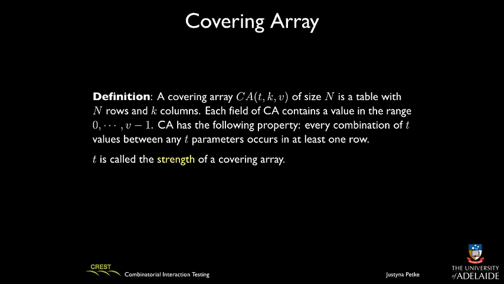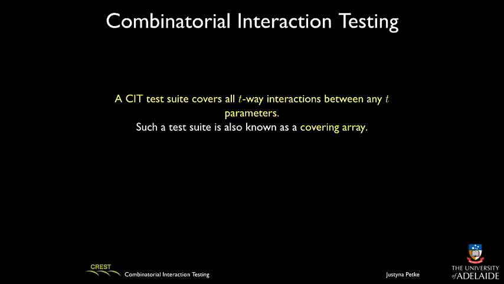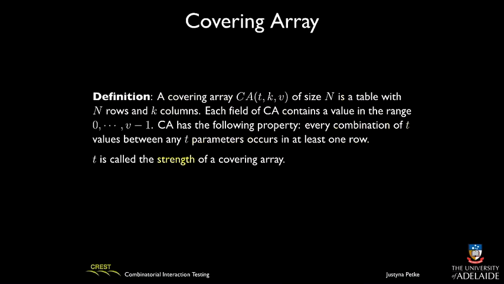Now, a bit more abstract. I'll guide you through this definition. So in general, a covering array, so let's briefly go back. A test suite that covers all the T-way interactions is called a covering array. A covering array with parameters T, K, V, and you can find them on this particular website as well, where people collect these, of a particular size n.